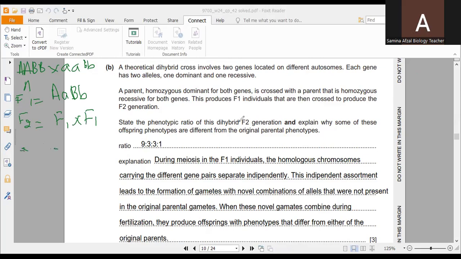By making use of this, you can see over here the gametes formation will be in this way.